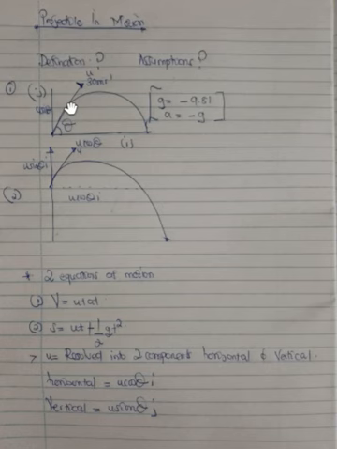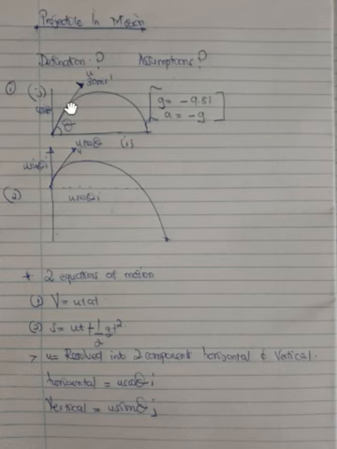First of all, you need to resolve u into two components, the vertical component and the horizontal component. Resolve the initial velocity u with respect to the angle theta. The horizontal component is u cos theta and the vertical component is u sin theta.